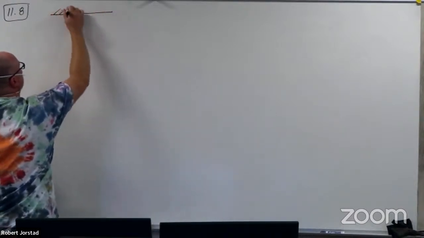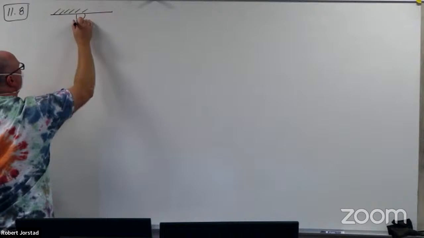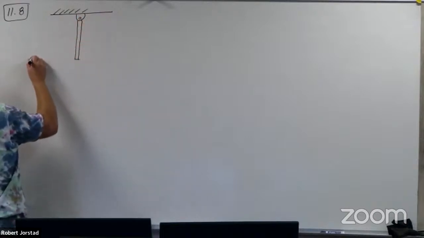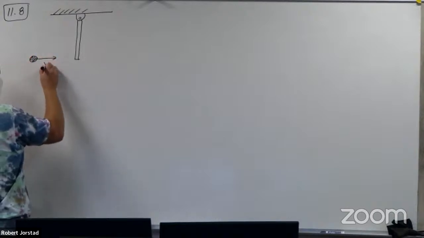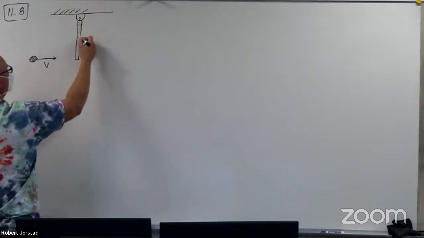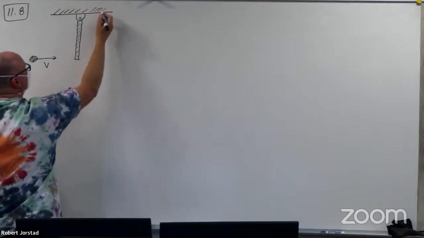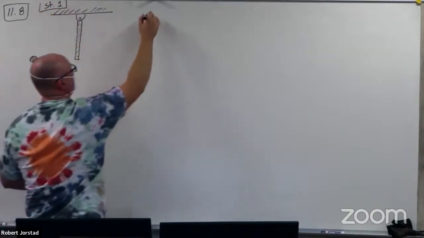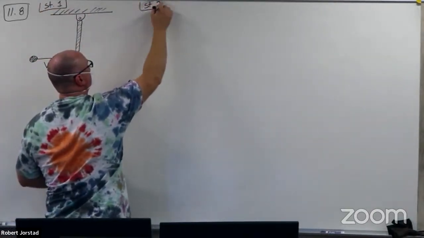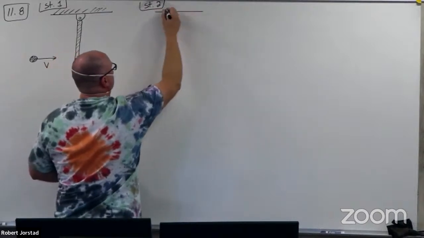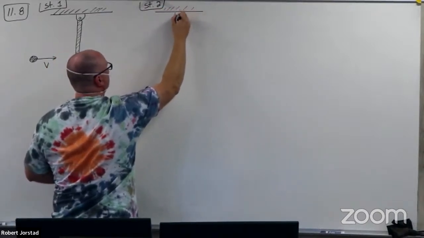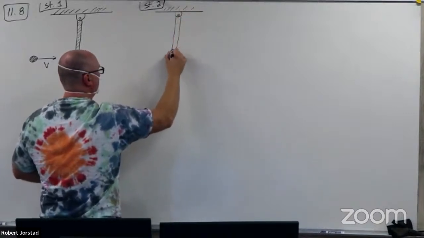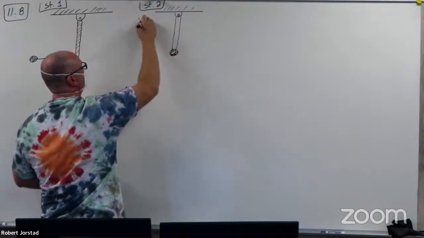We're going to have a ceiling here, pivot, and some rod. And then there's a point mass moving with some speed v. This is stage 1. Stage 2. Impact.